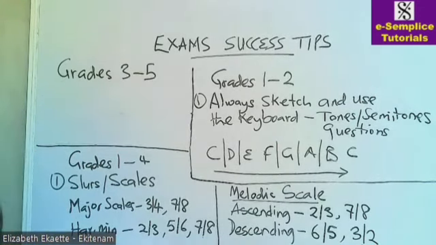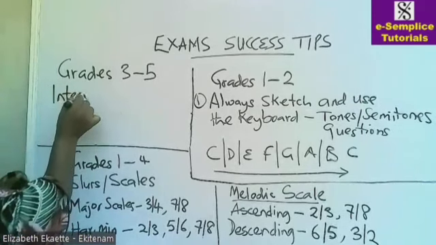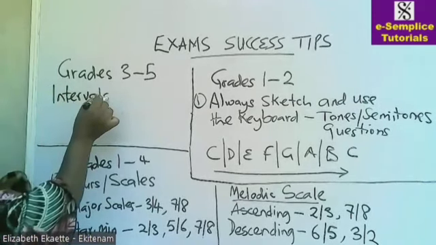For grades 3 to 5, always sketch the intervals table. For grade 3, your intervals question will just be on simple intervals. But for grade 5, you need to look at simple and compound intervals. So practice writing that table correctly.